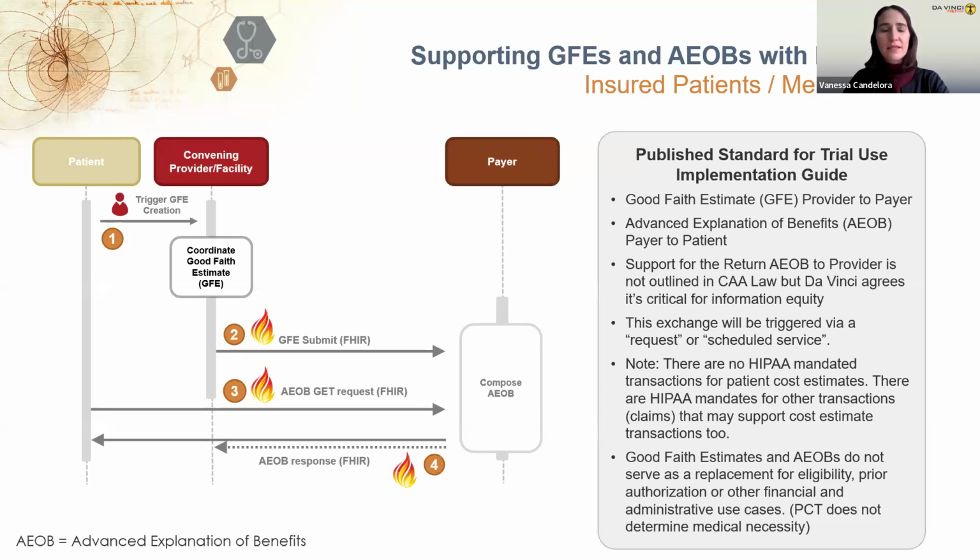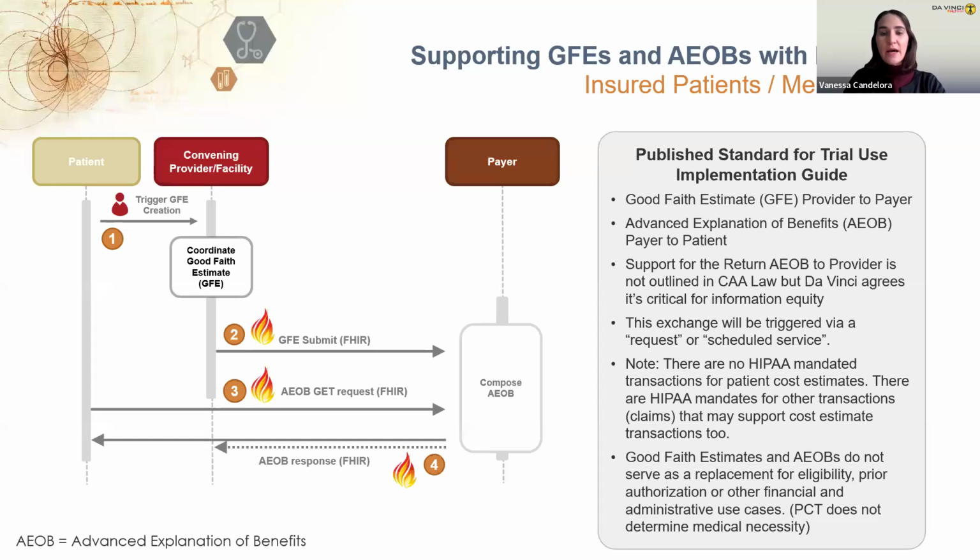This is not a claim. So there's no HIPAA mandated transaction for patient cost estimates. There are HIPAA mandates for other transactions, claims, remittance, but those may support cost estimate transactions as well.